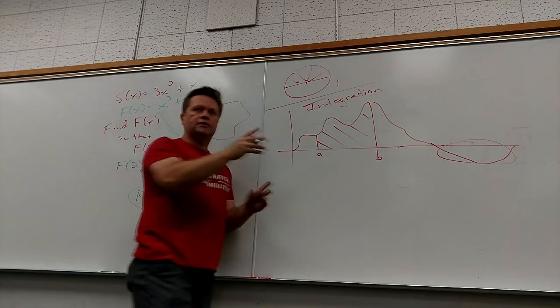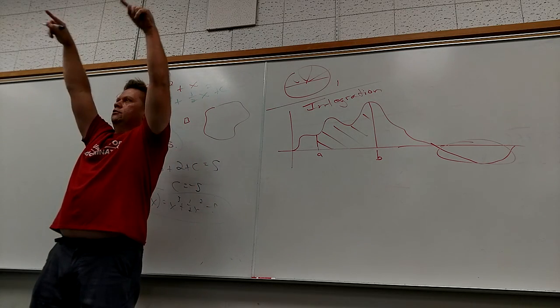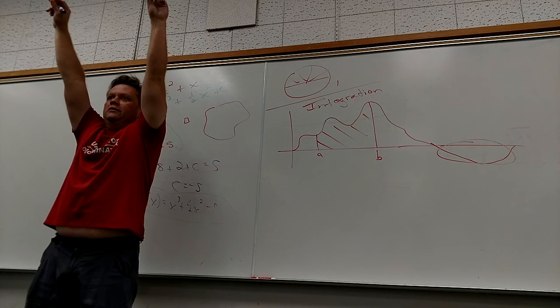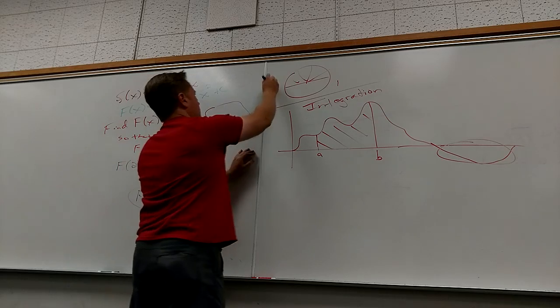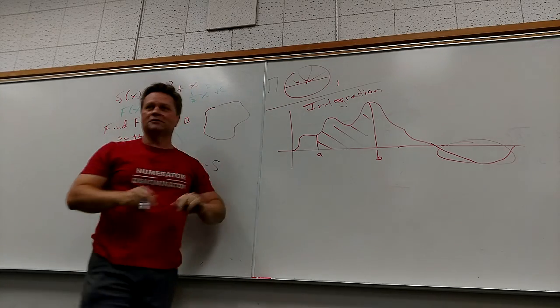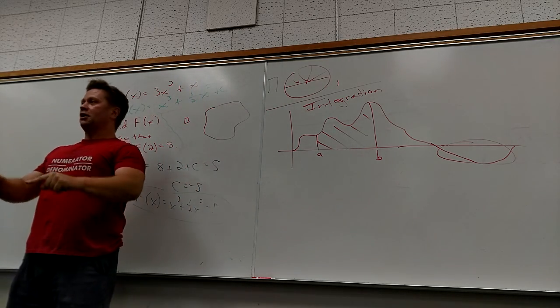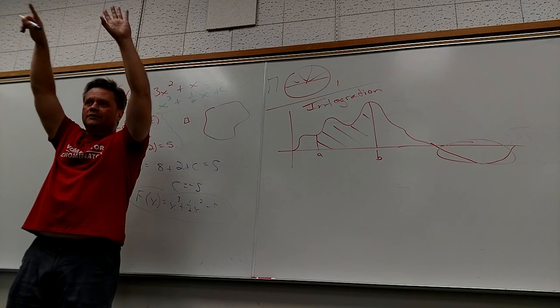So if I draw a rectangle, there are two sides to the top, right? There's two vertices, right? There's this one and this one, and they kind of tell me how tall this thing is.